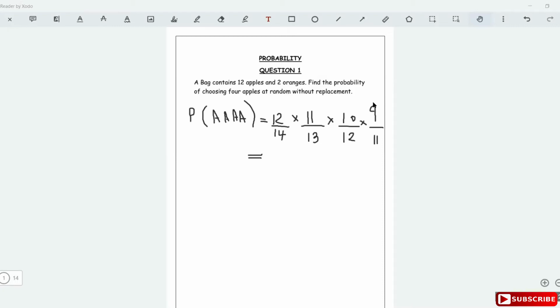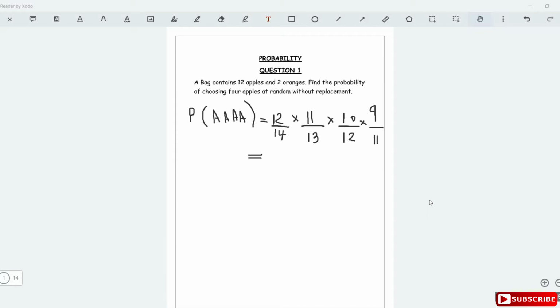So it is going to be 12 divided by 14, and then that is being multiplied by 11 divided by 13. Then that's now multiplied by 10 divided by 12.